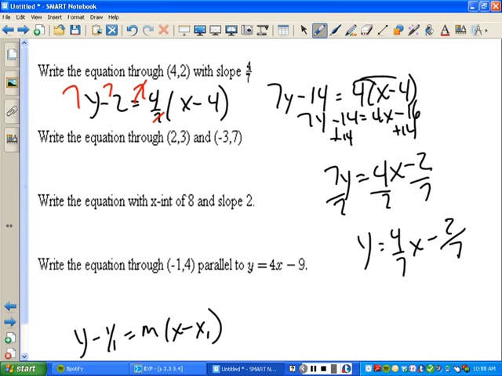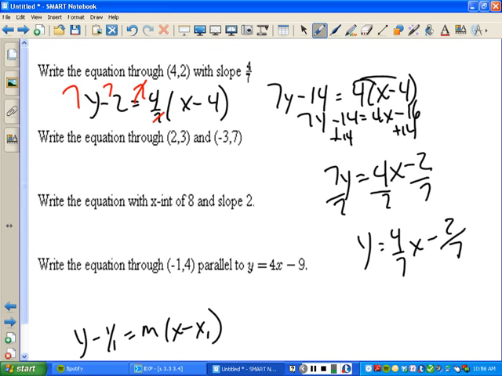I did it the other way. You did what way? Okay, instead of multiplying it by 7, I did y minus 2 equals 4/7x minus 2. I multiplied 4/7 times x.